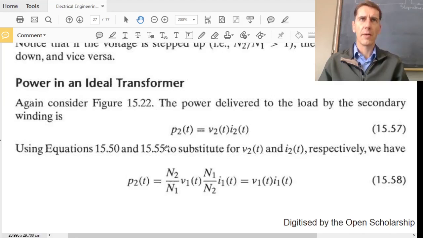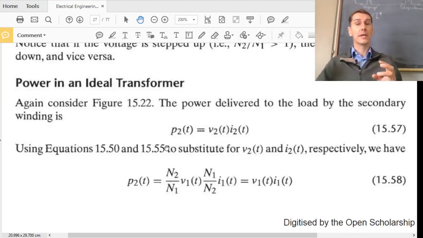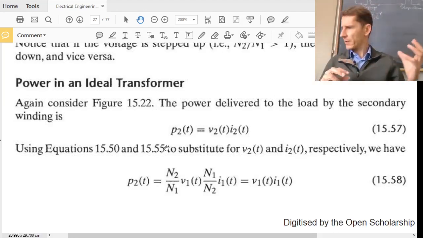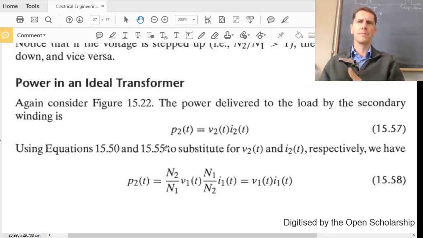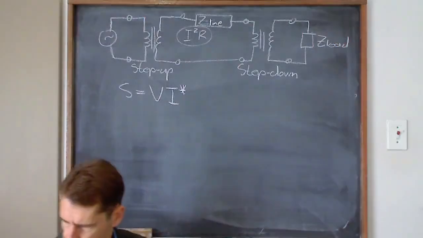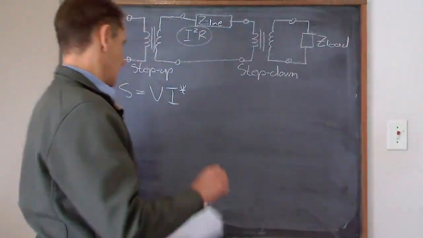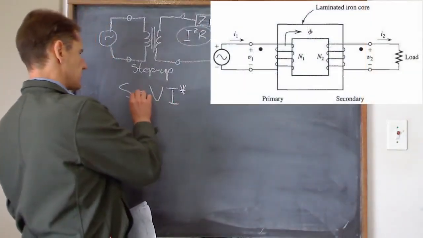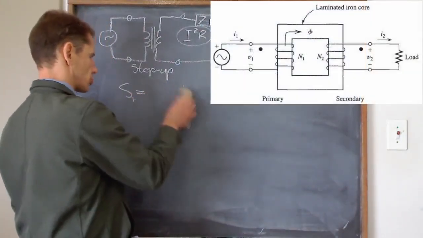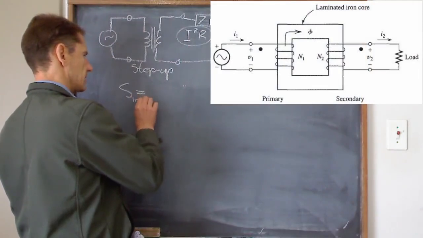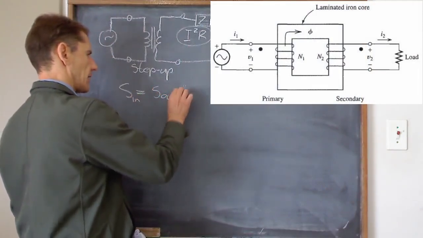Now we already spoke about the power in an ideal transformer, and we said the power that goes in equals the power that goes out. I'm going to jump to the board on this one. So S in equals S out.